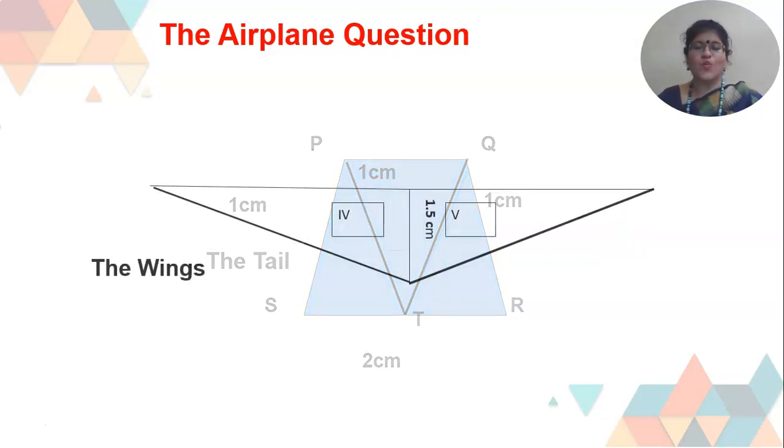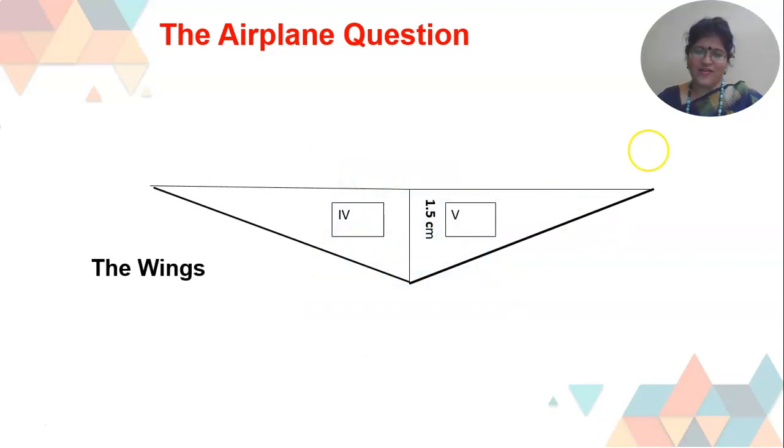And then the wings of the plane, wherein this side was given as 6 centimeter. So this was also 6 centimeter, and we found out the area by using the formula area of a right angle triangle is half into base into height, or half into product of the perpendicular sides.